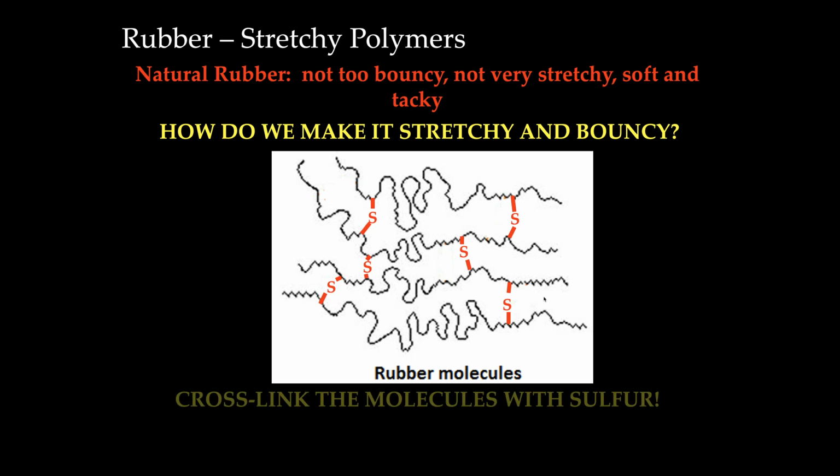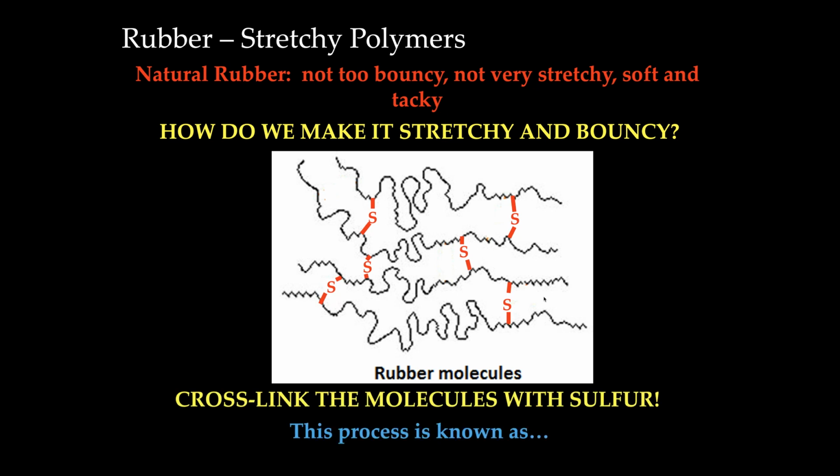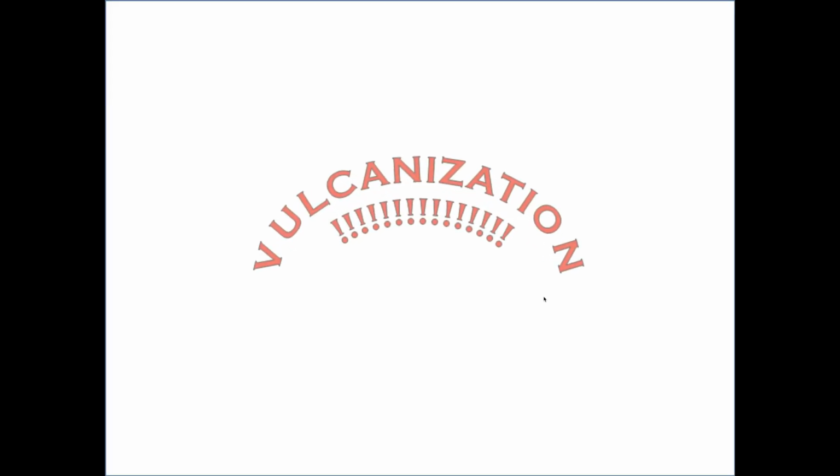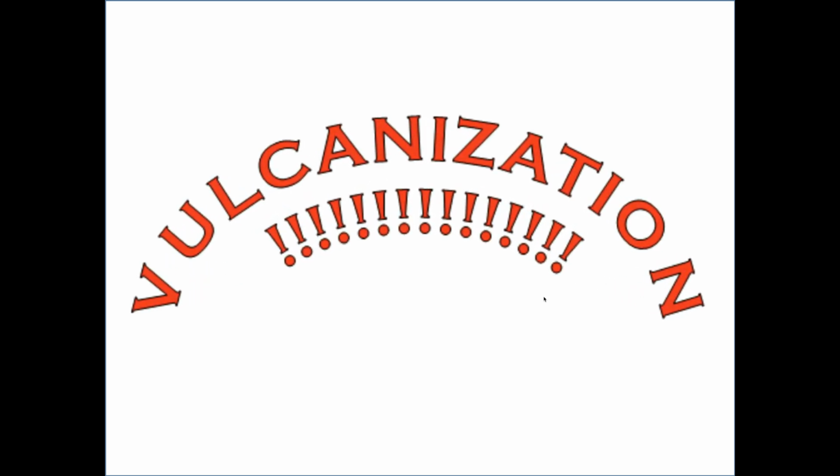The process of adding this sulfur to cross-link with these rubber molecules, this process is known as, I'm about to say it, vulcanization. Vulcanization. Woohoo! Ladies and gentlemen, I give you chemistry.